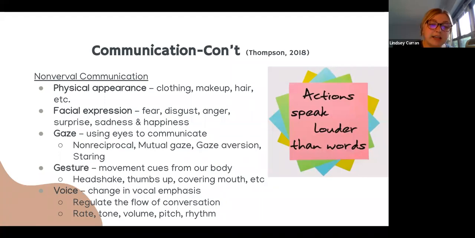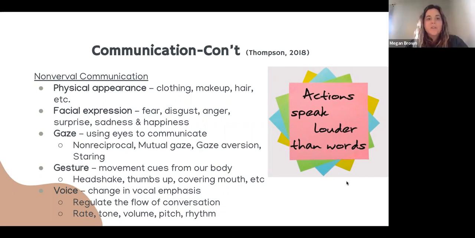The next one is voice, which is the change in your vocal emphasis, and that regulates the flow of conversation between individuals or groups. Voice covers a lot, everything from the rate of voice, your tone, volume, pitch, and rhythm. I really wanted to point out the picture on this slide that actions speak louder than words.